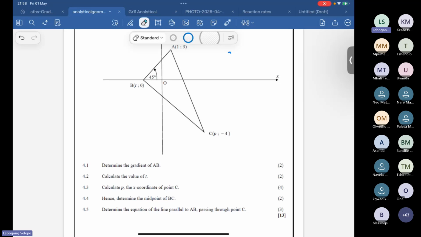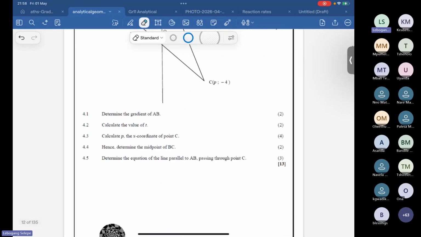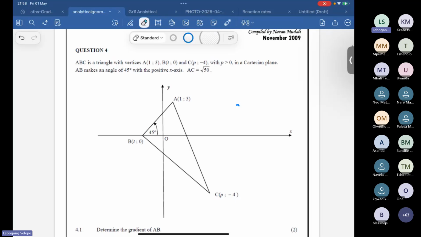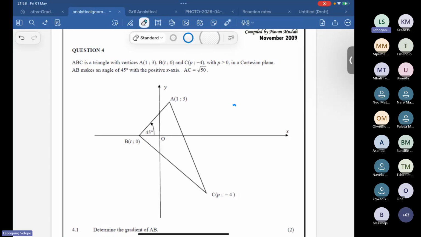Thank you. I'm not going to be doing this thoroughly with you. I'm just trying to prove a point. Right. So ABC is a triangle with vertices A, B, C. They're telling you that p is a positive number. That makes sense, because it's on the positive x-axis on a Cartesian plane, and they're saying to you AB makes an angle of 45 degrees with the positive x-axis.